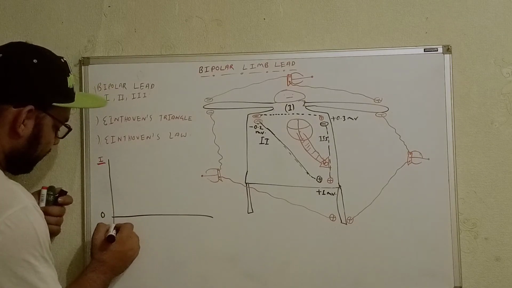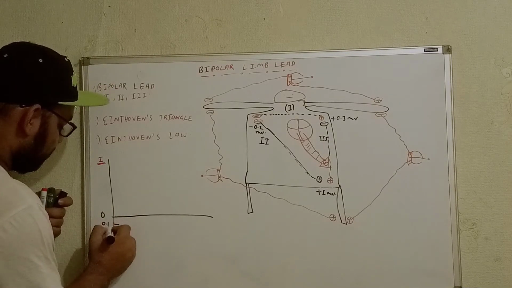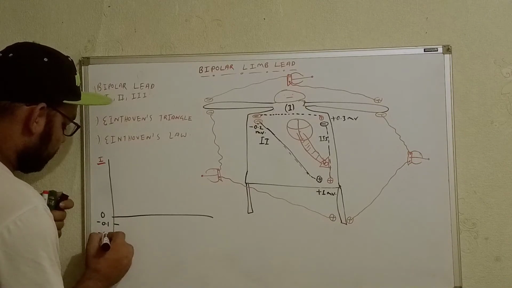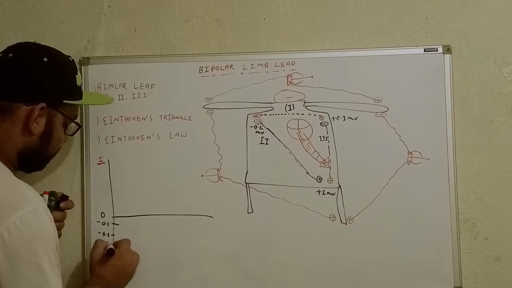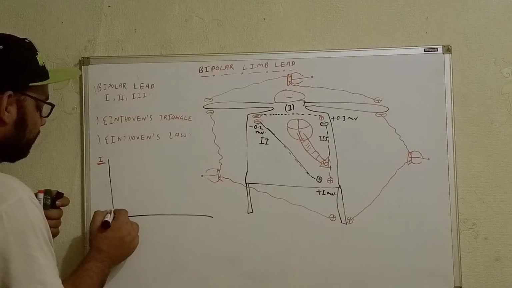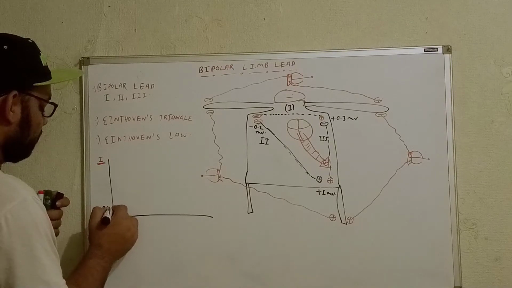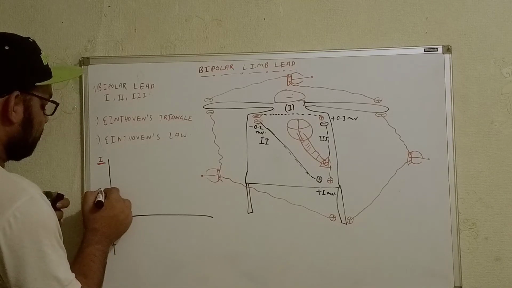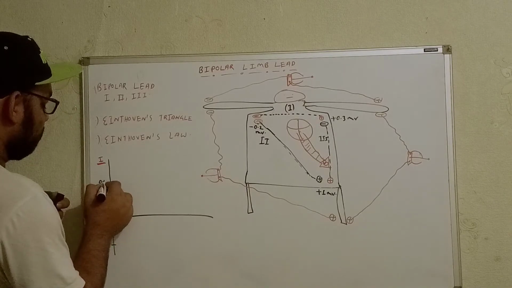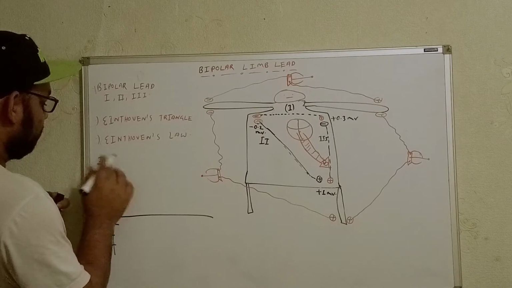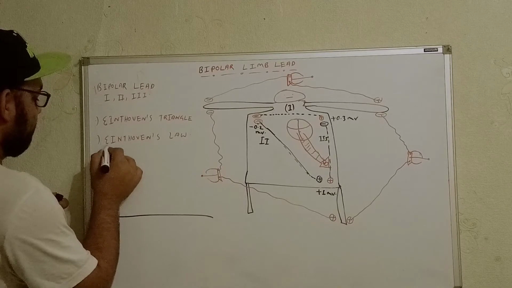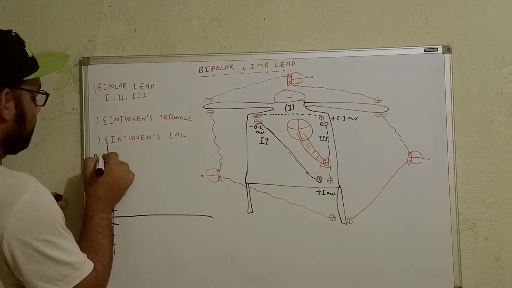Now here we are getting minus 0.1 millivolt. Here we are getting minus 0.2 millivolt. Here we are just taking minus 0.3 millivolt, and above we are getting plus 0.1 millivolt. We are getting plus 0.2 millivolt. We are getting plus 0.3, plus 0.4, plus 0.5, and plus 0.6, plus 0.7.